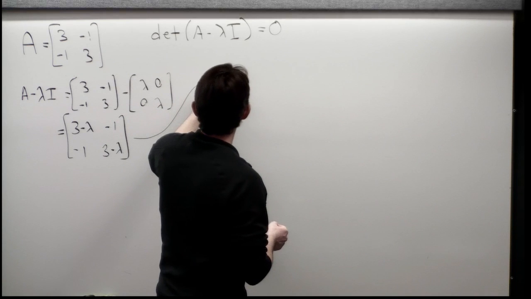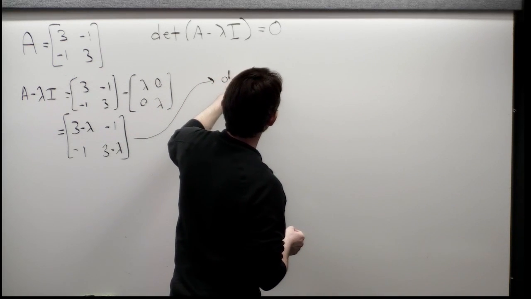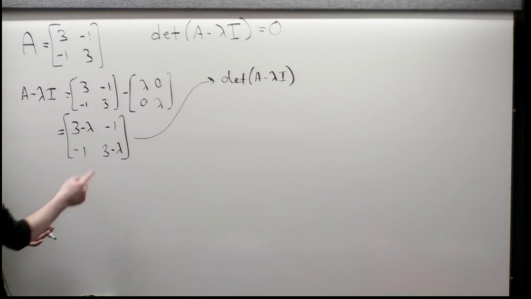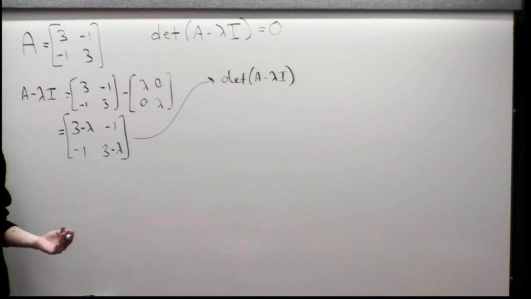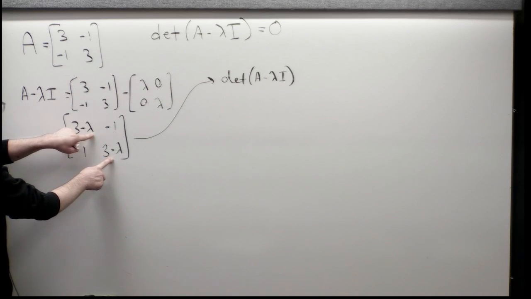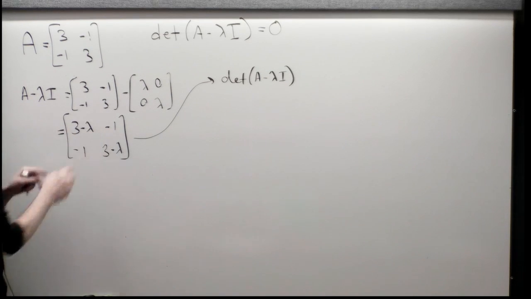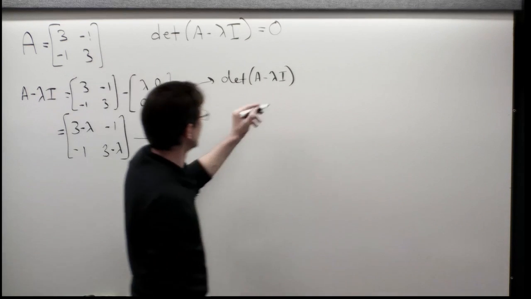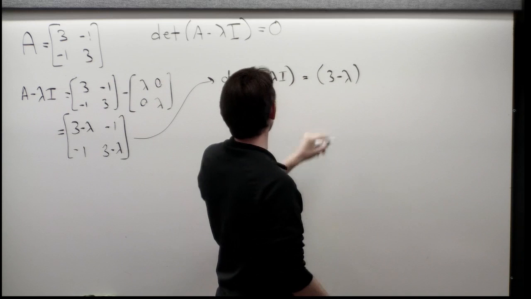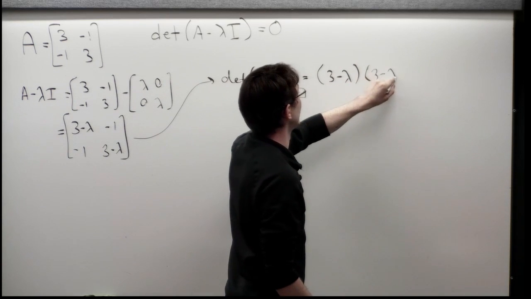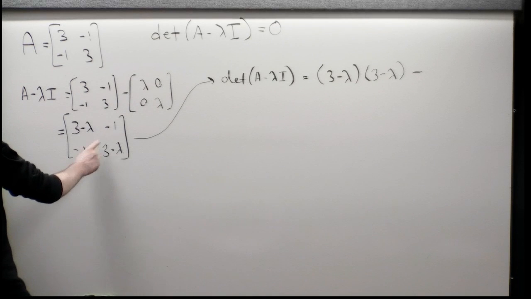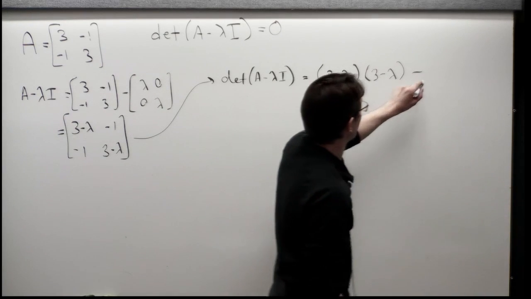So the determinant of A minus lambda I. Now remember, if I want to compute the determinant of a 2 by 2 matrix, what I do is I multiply the diagonal terms, and then I subtract the product of the off-diagonal terms. Okay, so this is equal to (3 minus lambda) times (3 minus lambda) minus (-1) times (-1), which is positive 1, minus 1.